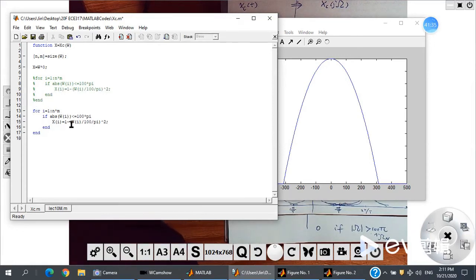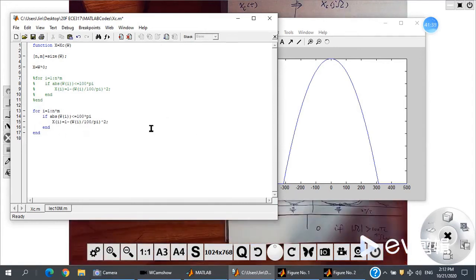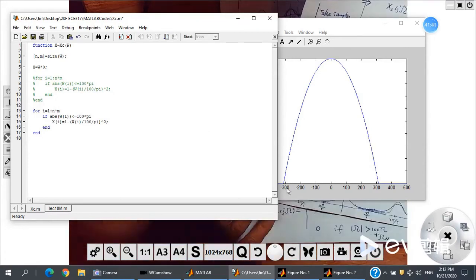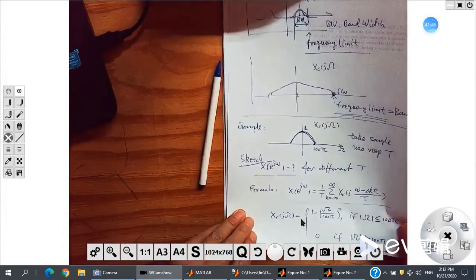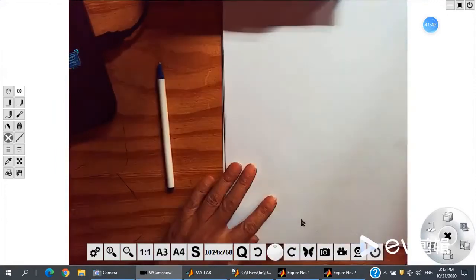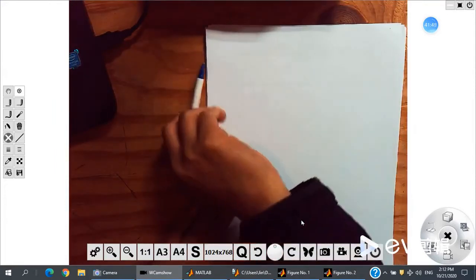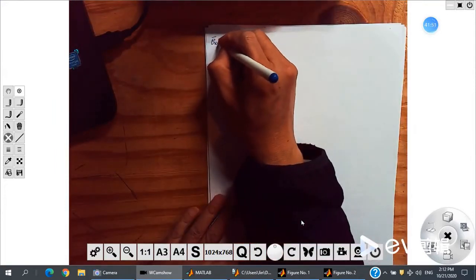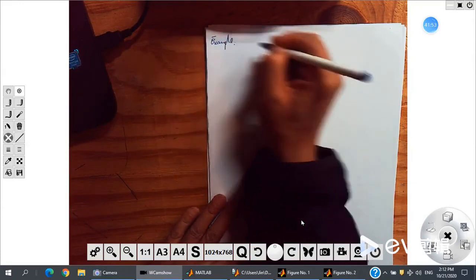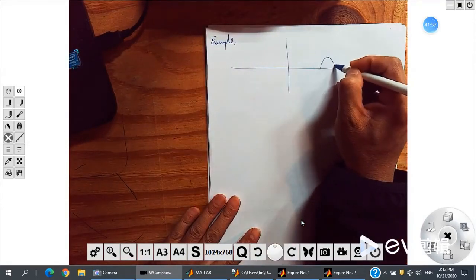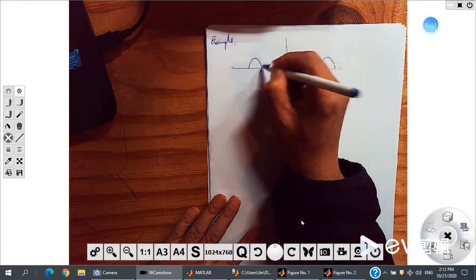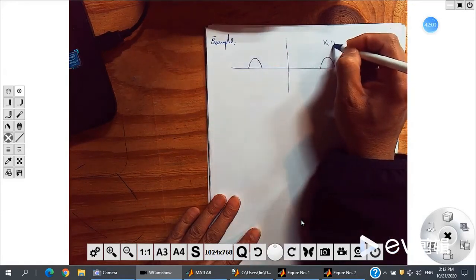Now I want a new function. Now it looks like this. I use a different example. Suppose we have this, the XC of J omega.